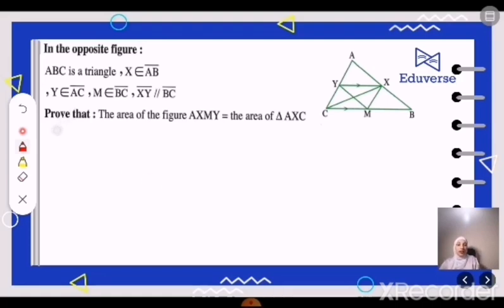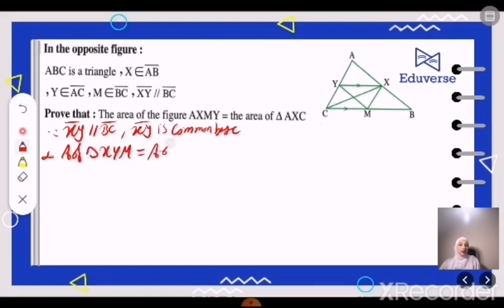I will start saying that since XY is parallel to BC, and XY is the common base, then area of triangle XYM equals area of triangle XYC.